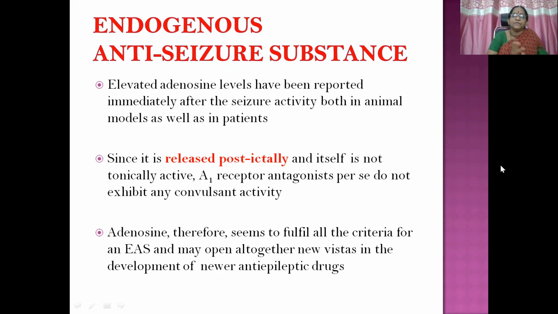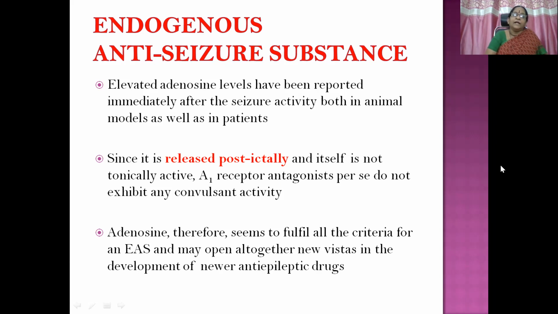Even receptor antagonists per se do not have any convulsant activity. Otherwise, okay. So adenosine has anti-epileptic activity. So adenosine receptor antagonists might be expected to have convulsant activity, but it is not happening that way because adenosine is released only after the seizure attack.